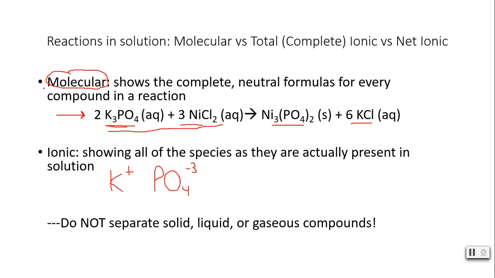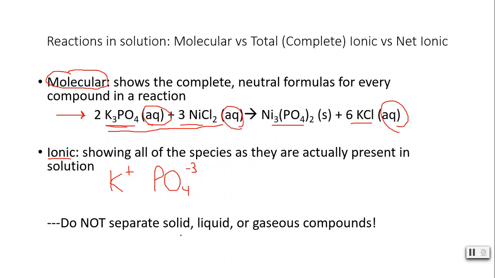So it can be instructive for chemists to take a balanced molecular equation and write something that's called the ionic or total ionic equation. That is essentially taking your molecular equation and everything that is aqueous gets split up into its cations and anions.